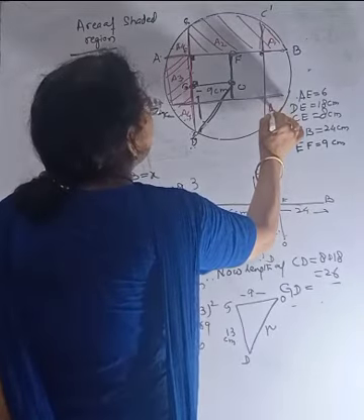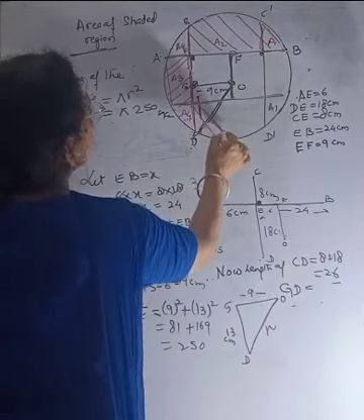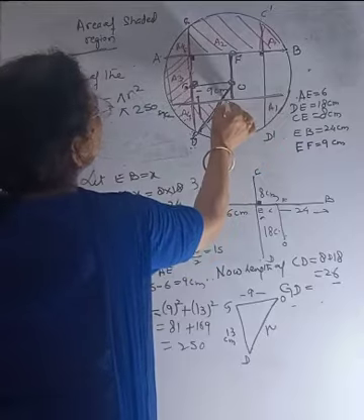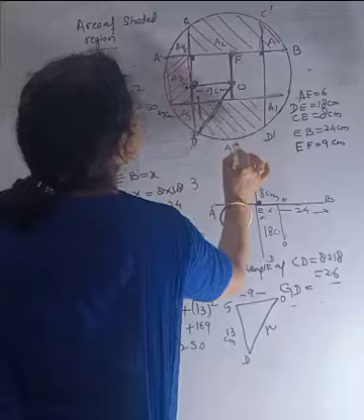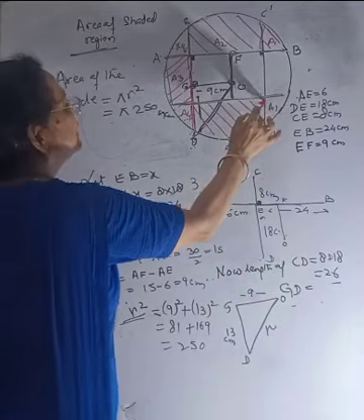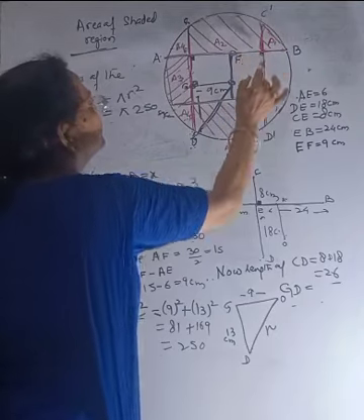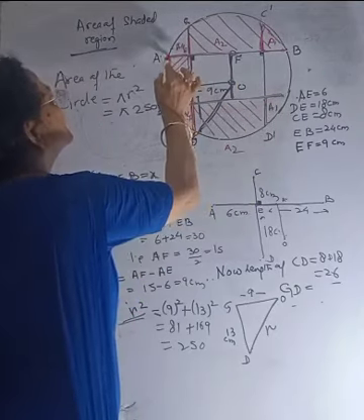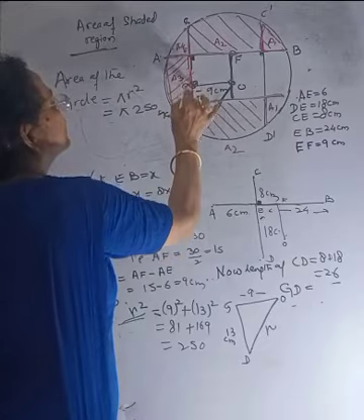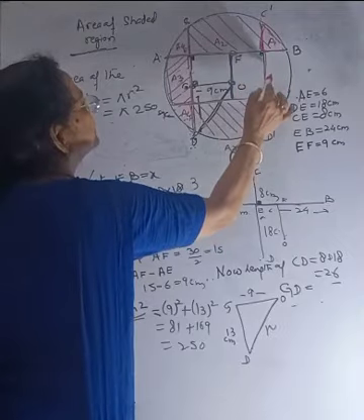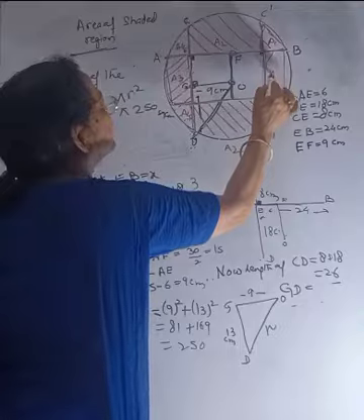This will be equal to A1, and this whole area will be by virtue equal to A2. Correct? Because this is just symmetric to this, and this is just symmetrical to this portion, and this is equal to A3.